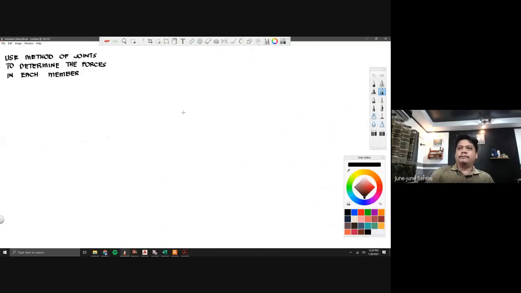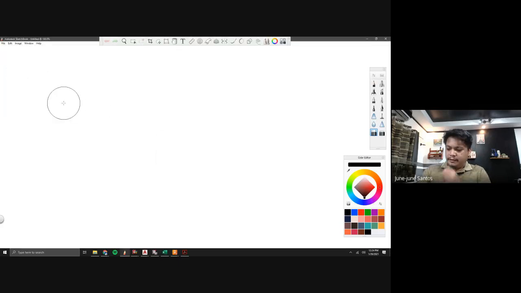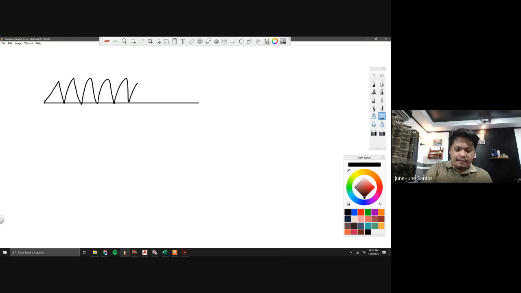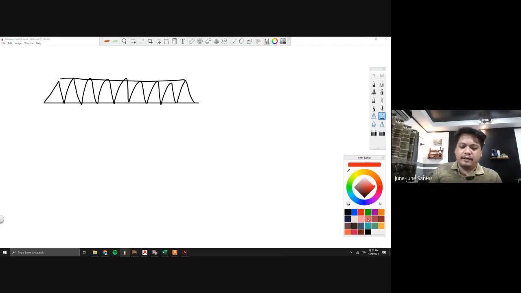Paano kung, okay, what if, paano kung ang pinapa-analyze ko na sa inyong truss napakarami ng members? Okay? Tapos, sasabihin ko lang dun sa problem, find the force on this section. Okay, bago ka makarating sa gitna, normally, sa dulo muna, no?